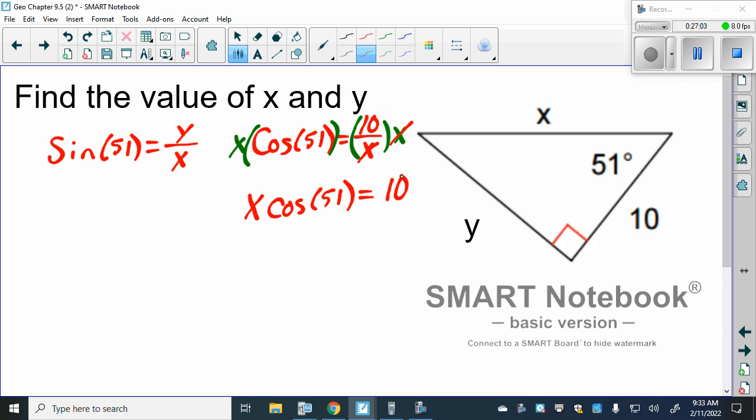And after we multiply both sides by the denominator, we need to see, is the variable by itself? Well, here, it's not, because it's connected with the cosine of 51, yes?